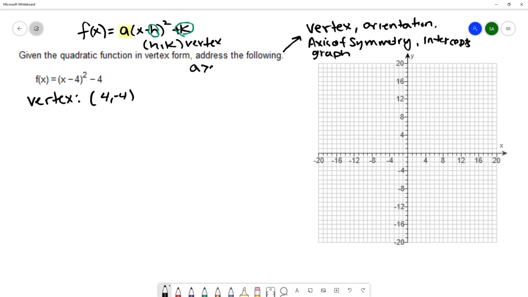Whenever a is greater than 0, the graph opens up, and whenever a is less than 0, it opens down. In this example, the value of a is 1. We don't see a coefficient in front of the parentheses, so we assume the value to be 1. So a is equal to 1, which is positive, or greater than 0, so this parabola opens up.